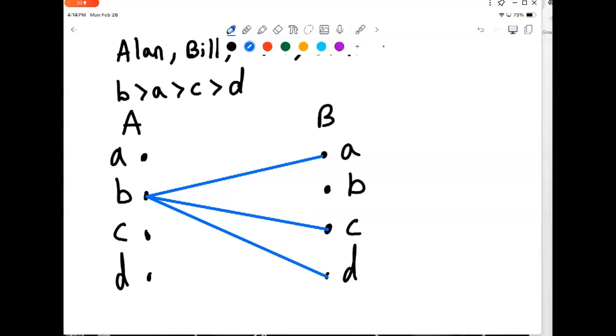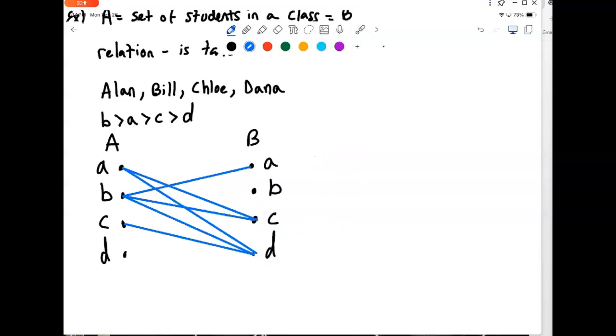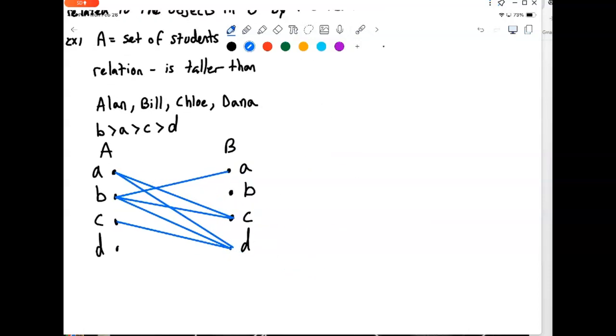Alan is taller than Chloe, and Alan is taller than Dana. And finally, Chloe is just taller than Dana only. And so we have this relationship. B is related to those 3 things. A is related to 2 things. C is related to 1. D doesn't have anything related to it.